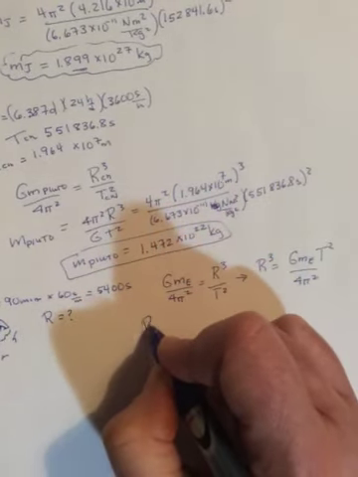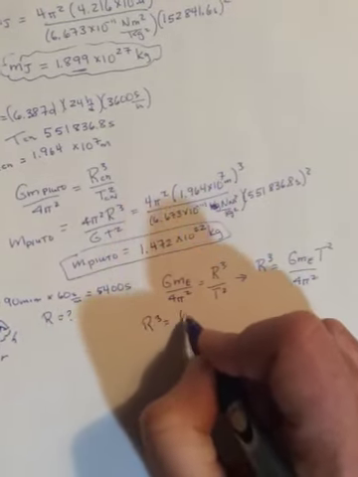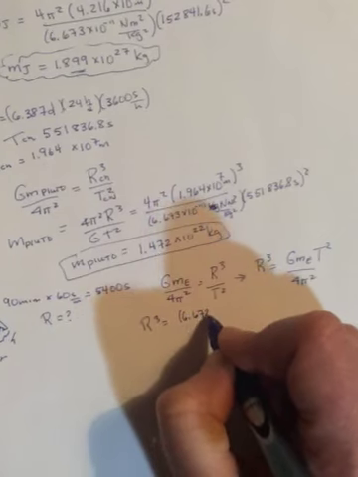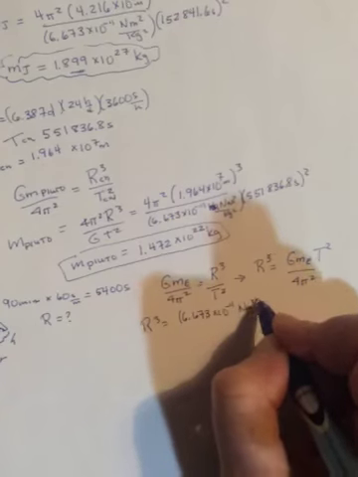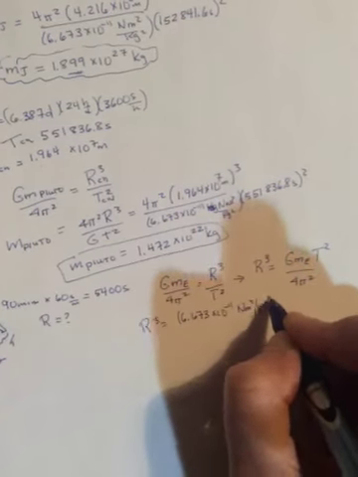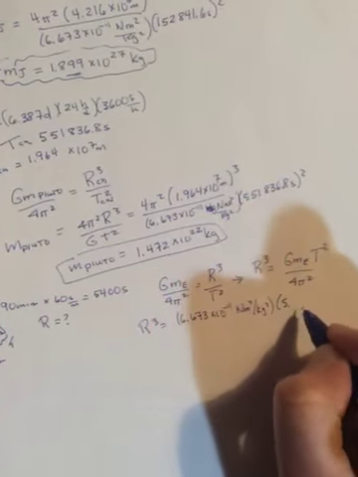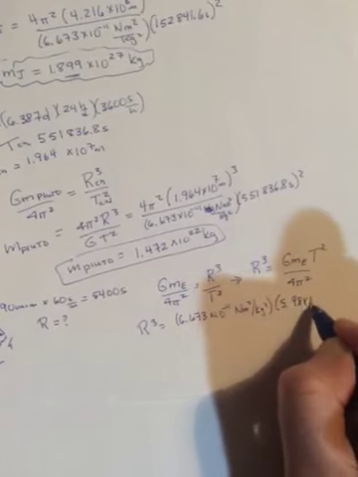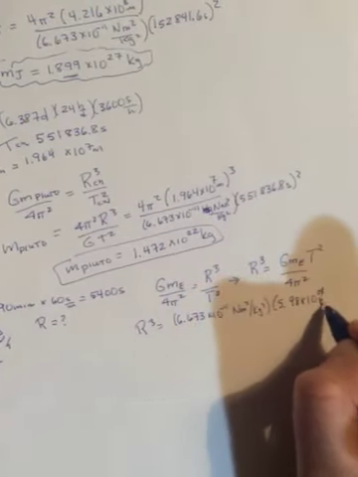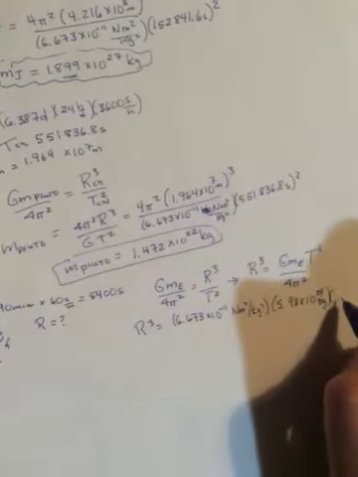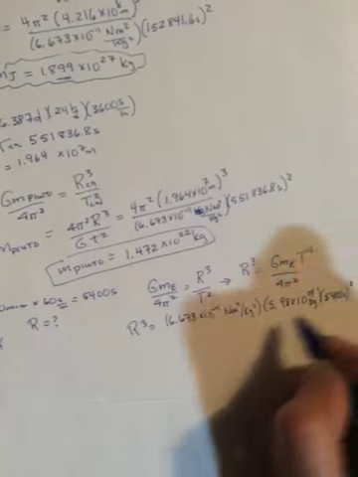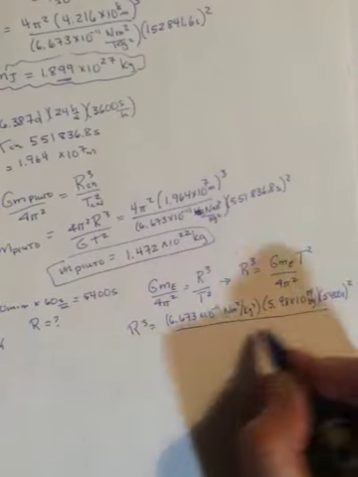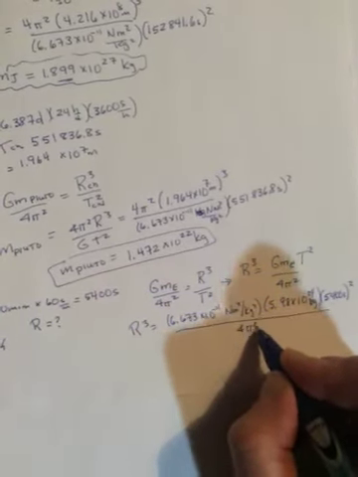We have a chart that we can look it up. So G is 6.673 times 10 to the negative 11 Newton meters squared per kilogram squared. Mass of the Earth, 5.98 times 10 to the 24th kilograms. And then T, 5,400 seconds squared over 4 pi squared.